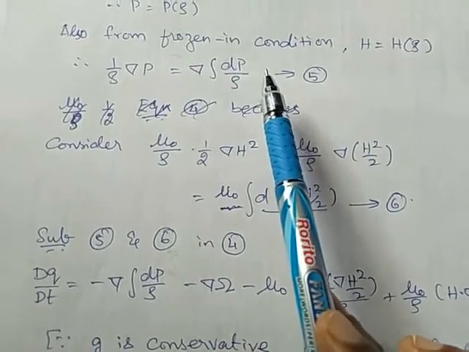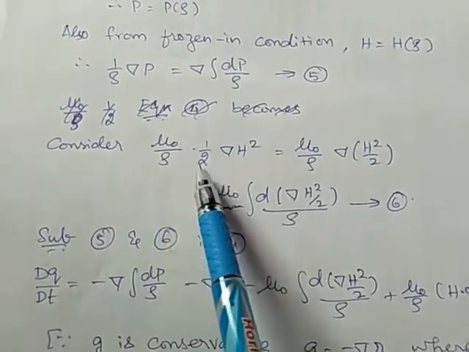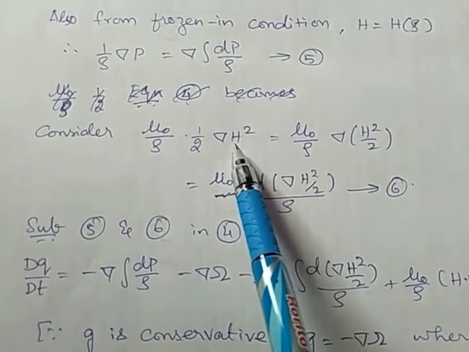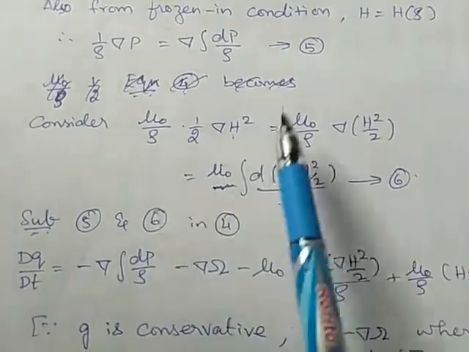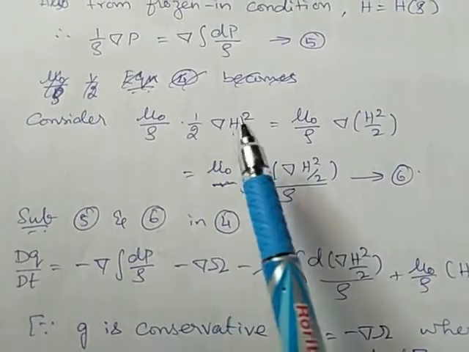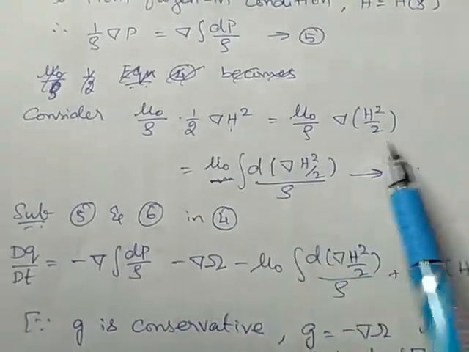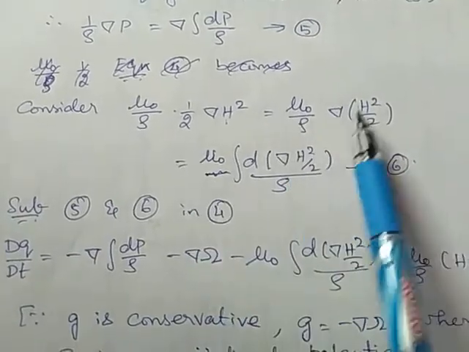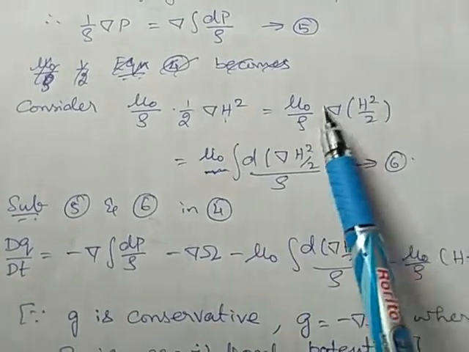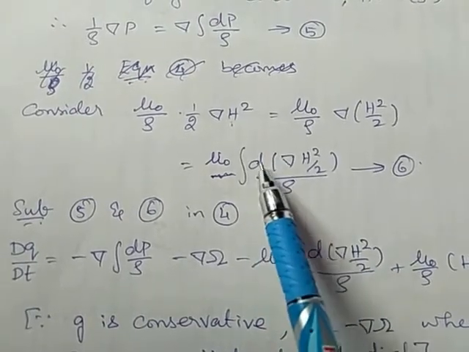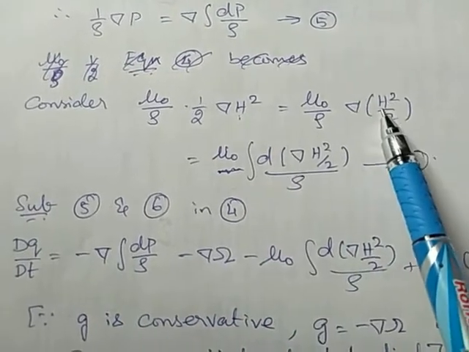Also, we have the mu naught by rho, half of del H square term in our momentum equation. This I can write as mu naught by rho del of H square by 2, one and the same. Again, mu naught times the integration of d of H square by 2 by rho. Again, the integration of a differentiation term gives us the term itself.